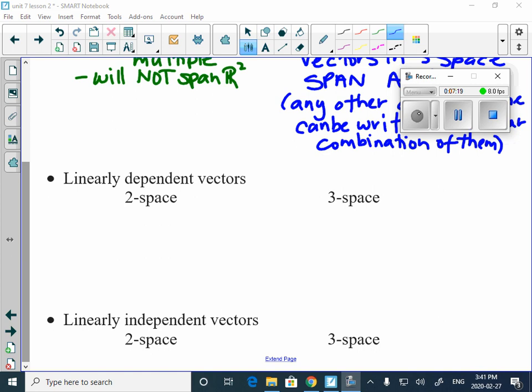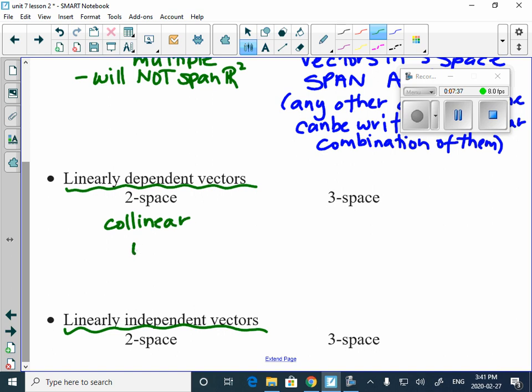Then we're going to compare linearly dependent vectors and linearly independent vectors. Okay, for 2-space. If vectors are linearly dependent on each other, they are collinear. One is written as a scalar multiple of the other.